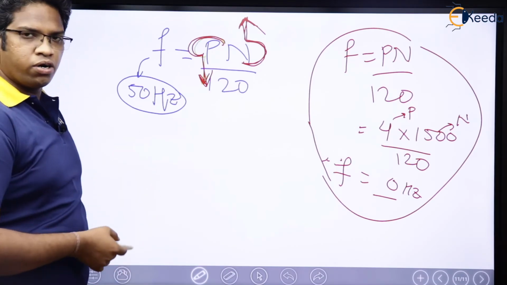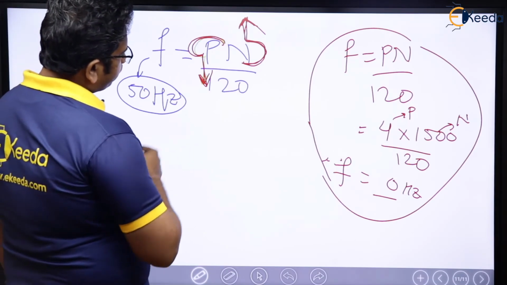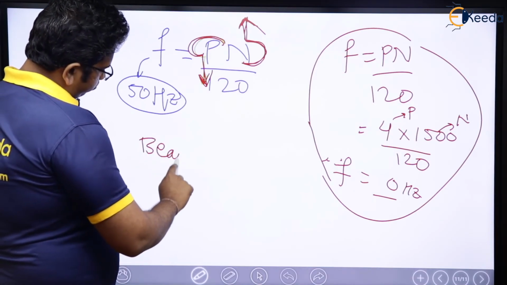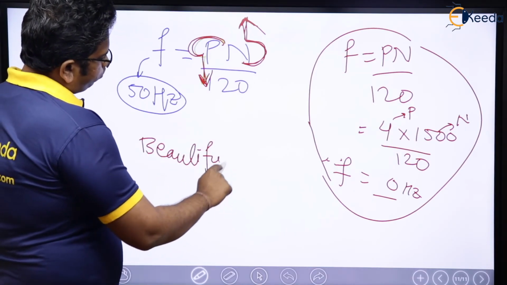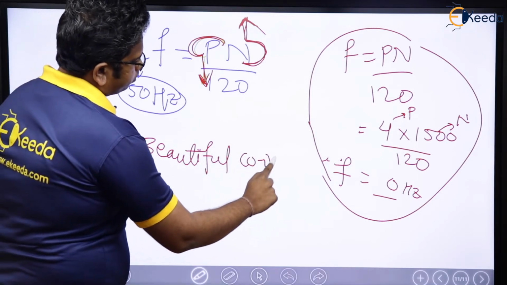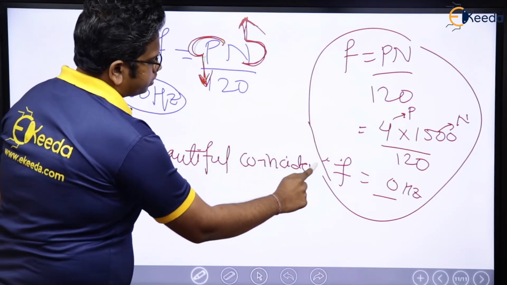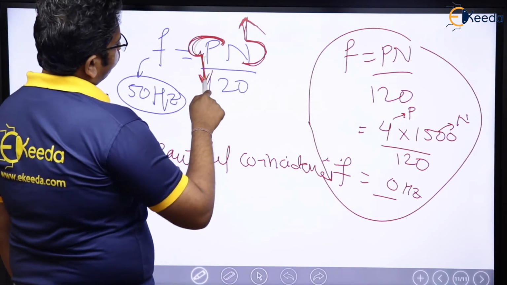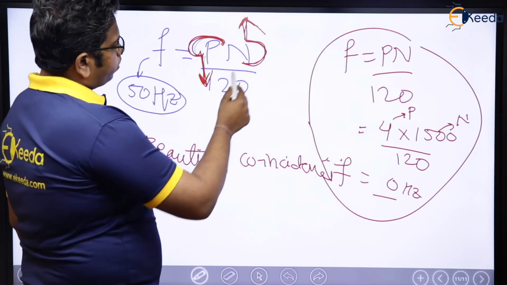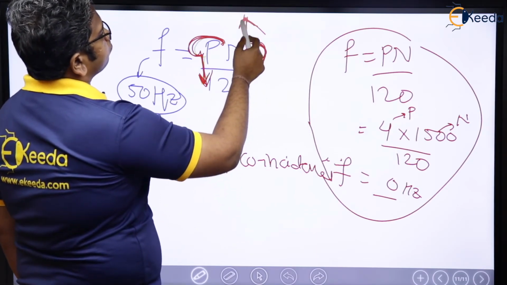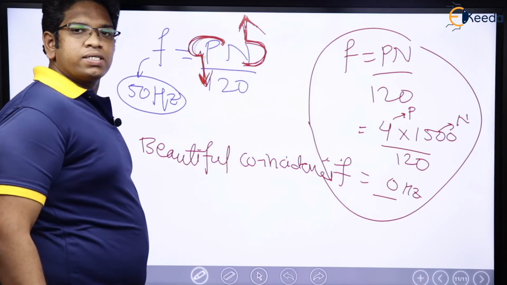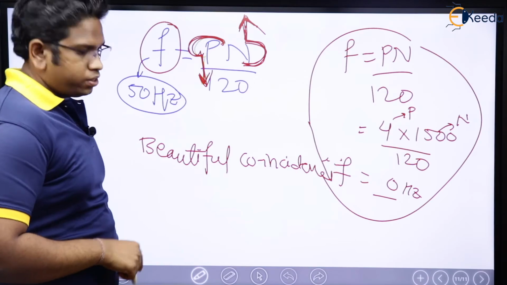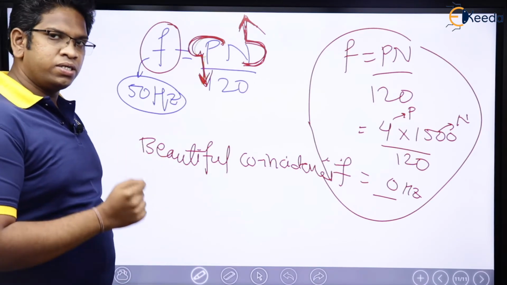In case of a cylindrical rotor, we have got a beautiful coincidence. What is the coincidence? Sir, the coincidence is that in case of a cylindrical rotor, if the number of poles is reduced, we can operate it at higher speeds. That is the beauty, so that you get the same frequency, right? This is nothing but about the cylindrical rotor.